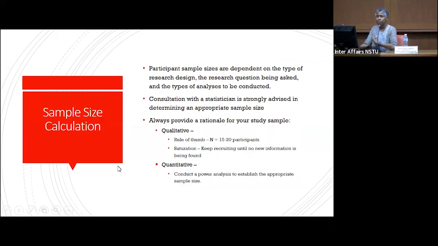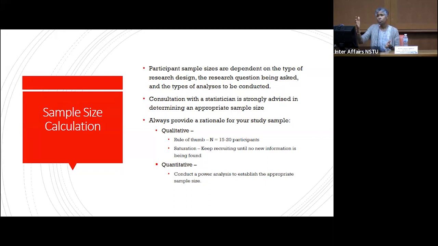All right, sample size calculation. Qualitative, there are rules of thumb between 15 and 20, but the main criterion is saturation. So for your IRB, it is important to propose 25 to 30 participants, just in case you're not reaching saturation. But if you have reached saturation at 15, then that's okay.